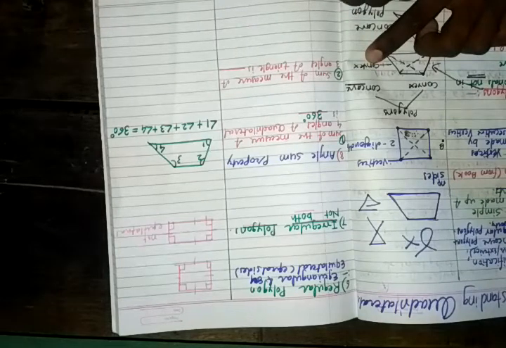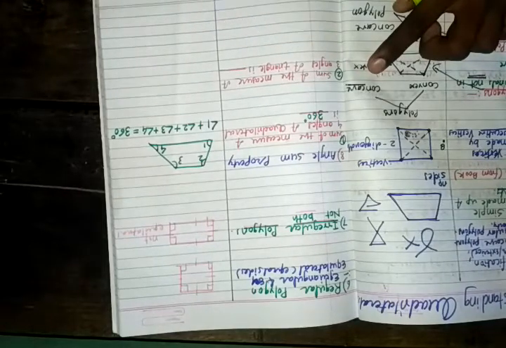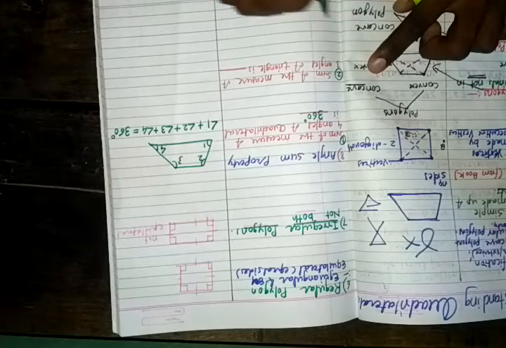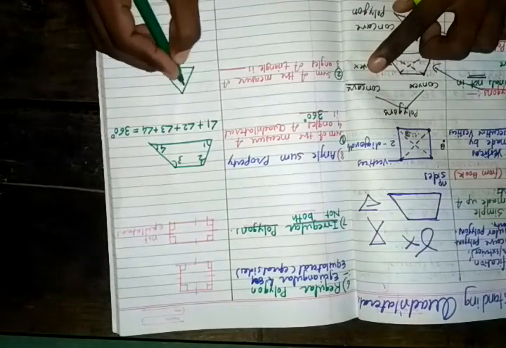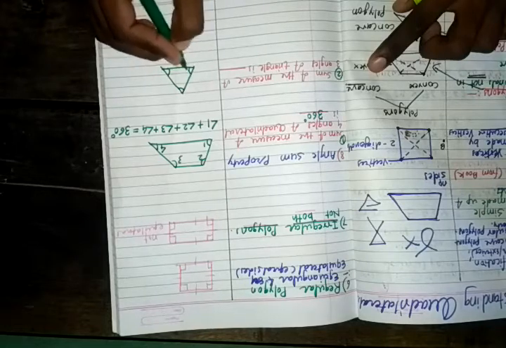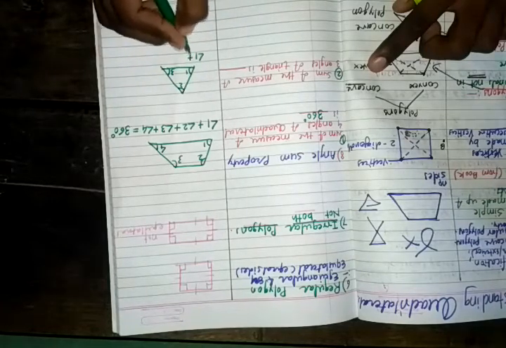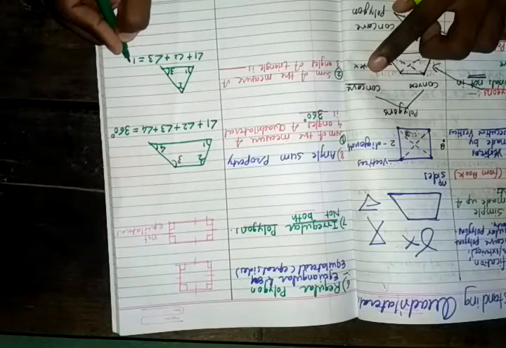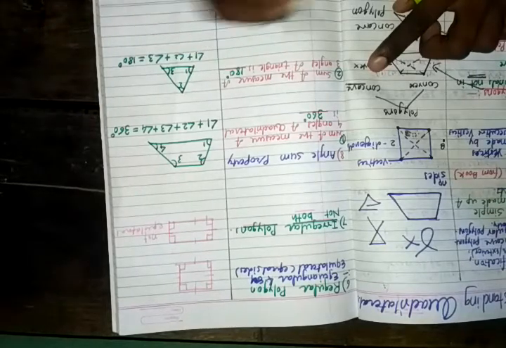So we can write here that the sum of the measures of the four angles of a quadrilateral is 360 degrees. And what about another polygon, that is a triangle? A triangle has three angles, and you all know that angle 1 plus angle 2 plus angle 3 is equal to 180 degrees.